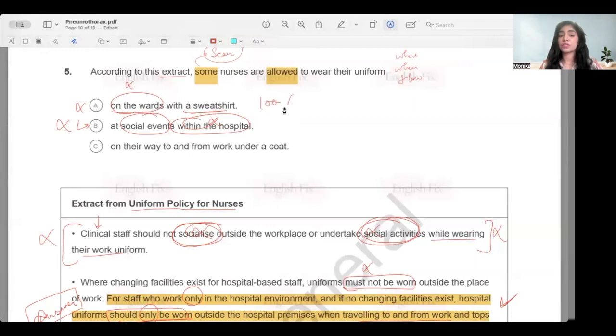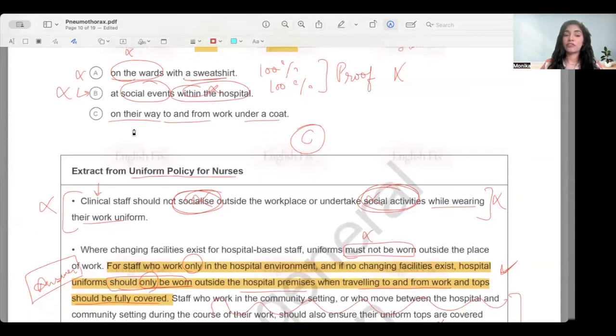With 100% certainty and with proof, I am showing that, listen, these two answer options are incorrect. Then that means my C answer option has to be the right answer. Let's see. On their way to and from work under a coat. Yes, I can confirm each one of these terms. When they should be worn outside the hospital premises, when traveling to and from work, and tops should be fully covered. So they should be covered and they can wear it under a coat.